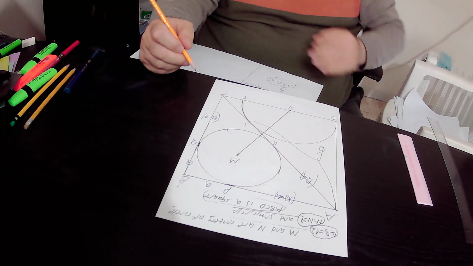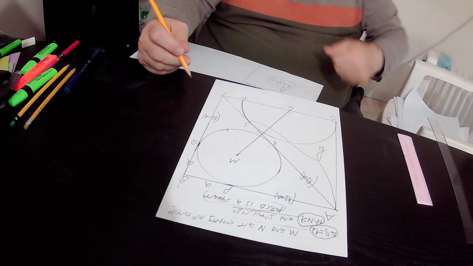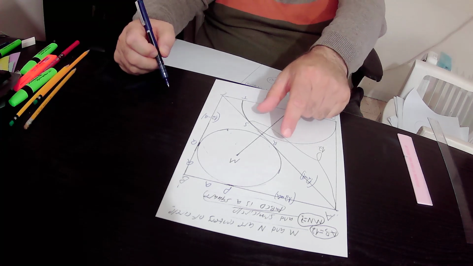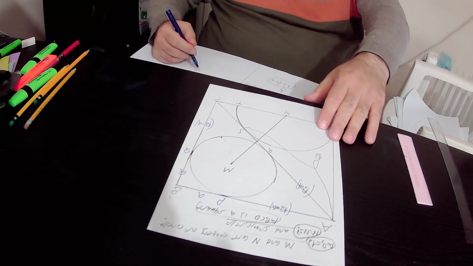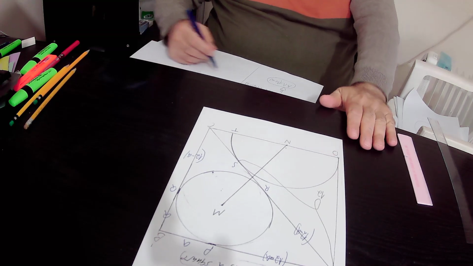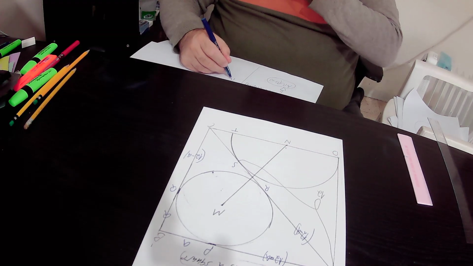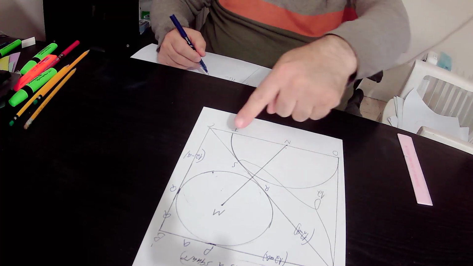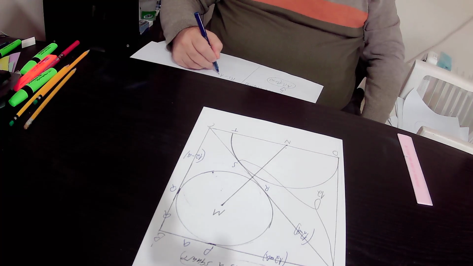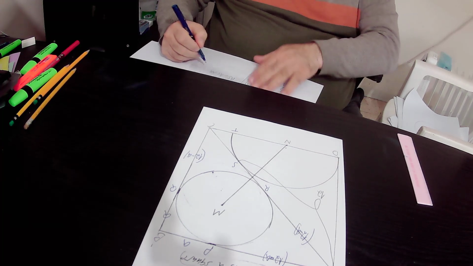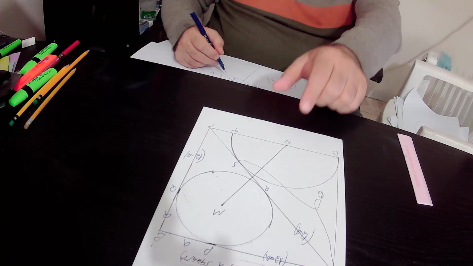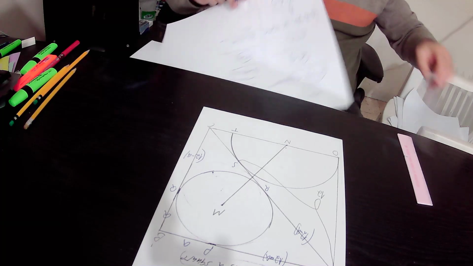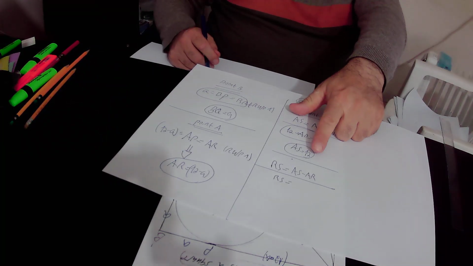And because AS equals 12 units, we can calculate the value of line segment RS. From the drawing, it is very simple to see that the length of line segment RS is equal to AS minus AR.